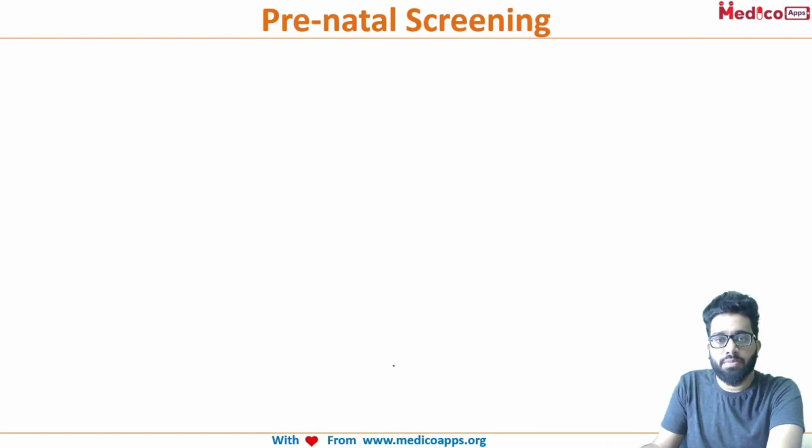Okay, coming to prenatal screening. You all know that if you suspect a patient with Down syndrome, you can diagnose that patient with karyotyping. Okay, with karyotyping, you will see trisomy 21. But here the question is that we have to diagnose this illness before birth. That is very important because it is one of the commonest trisomies.